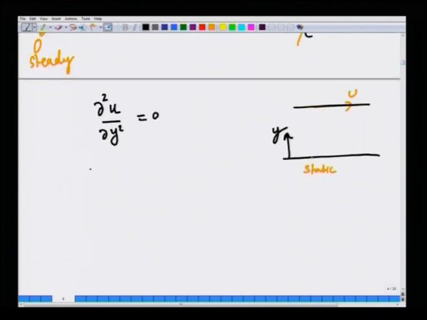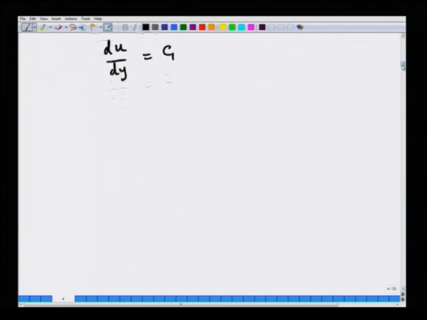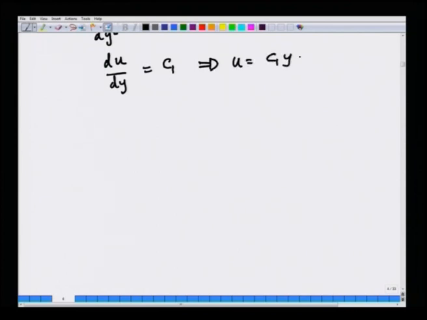And since u is only a function of y, I can change the partial derivative to an ordinary derivative. So, if I integrate this once, I will get du by dy is some constant c1. If I integrate this once more, u is some constant times y plus some other constant. So, we have two constants for the velocity profile, which is a function of y.